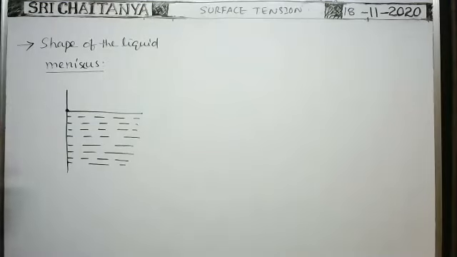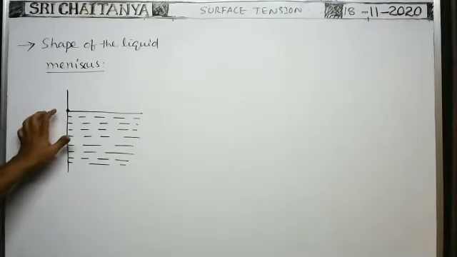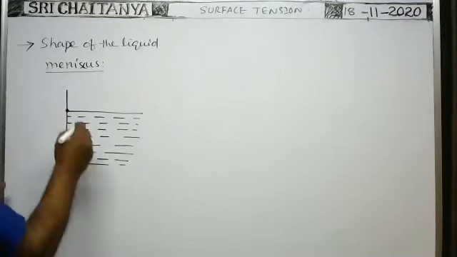Next, adhesive forces. Now you tell me, what is the direction of the adhesive force? Towards left or right? I am asking only about this molecule. Towards left. Very good.